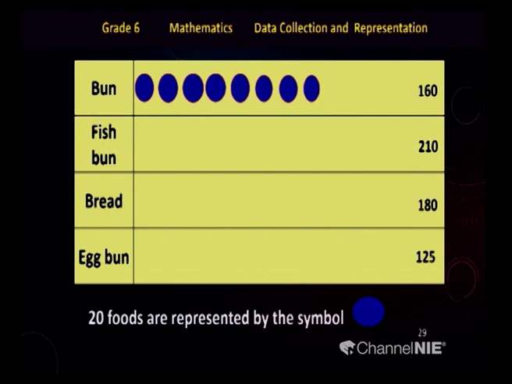210. Can you divide 210 by 20? If you divide, there's a remainder. The nearest multiple of 20 is 200. We can divide 200 by 20, then the answer is 10. So we can represent 200 by using 10 circles.